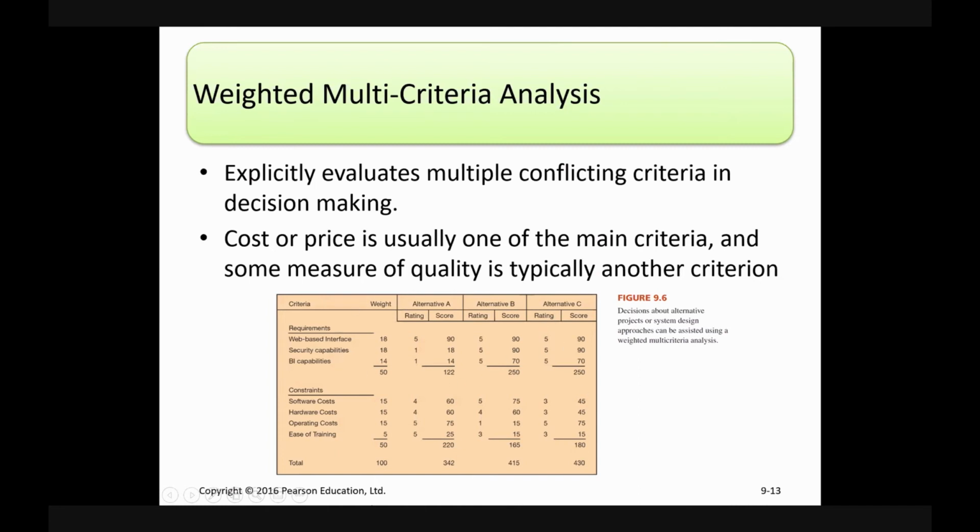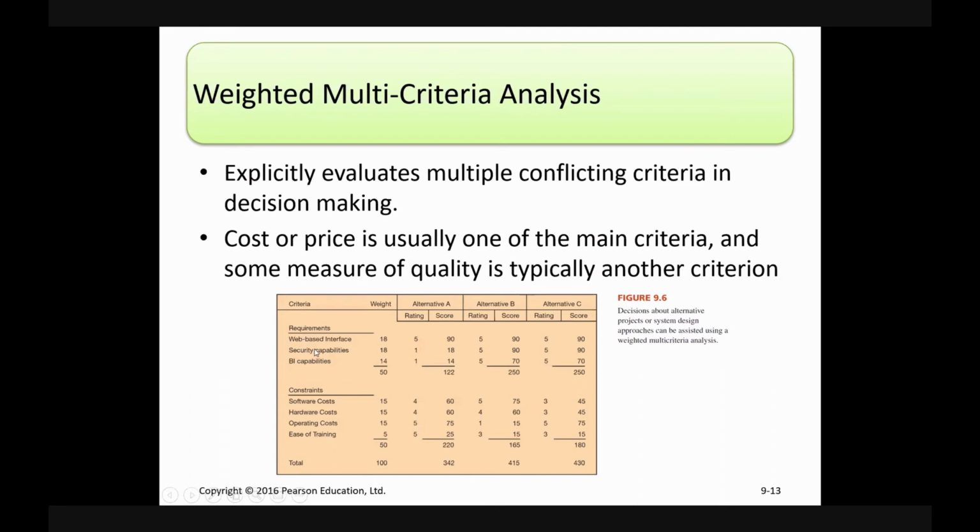If you see this table, on the top we have alternative A, alternative B, alternative C. So you are presenting three options for the same project, the same problem, three alternative solutions. Now your president will decide whether we should go with alternative A, B, or C, selecting based on some criteria.